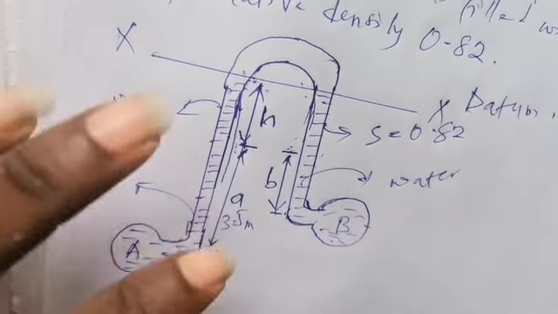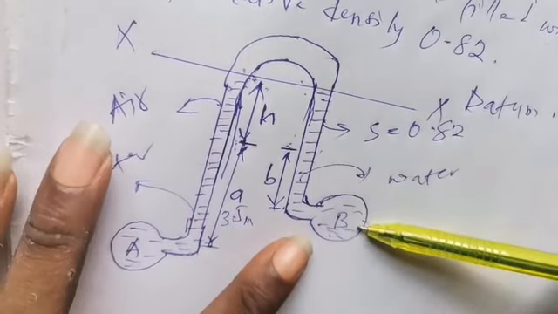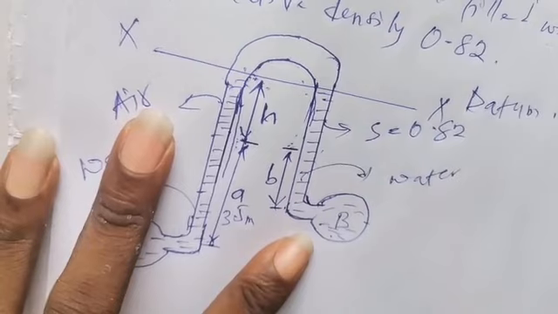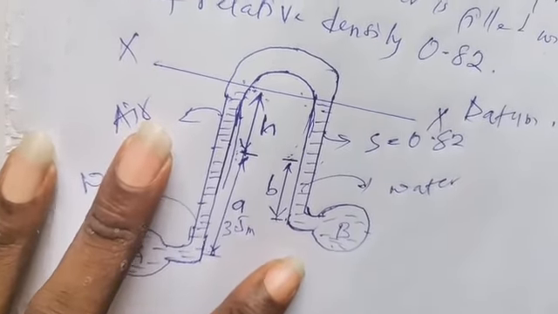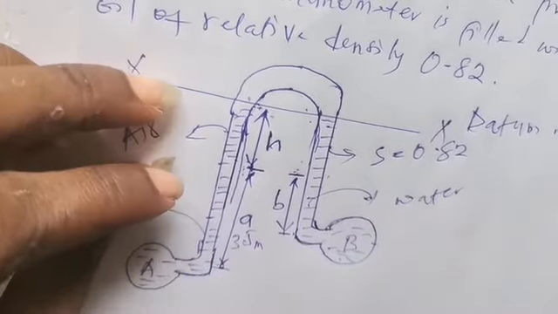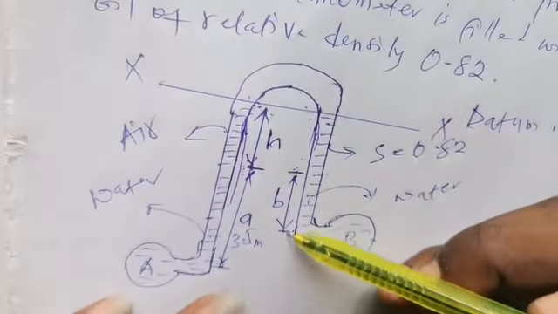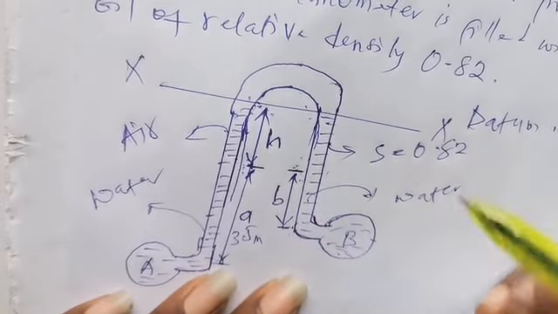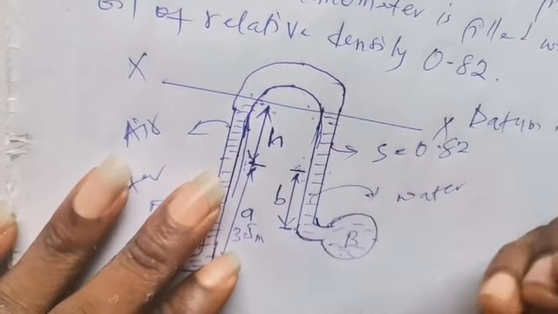All right. Also, we're given B, that is the level of water on this other side of the pipe. B was given to us in the question as 2.0 meters. So it means that the height of water in this other pipe, this is pipe A, this is pipe B, the height of water in this pipe is 2 meters.